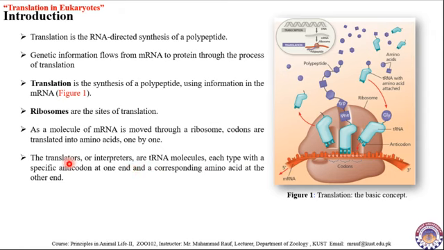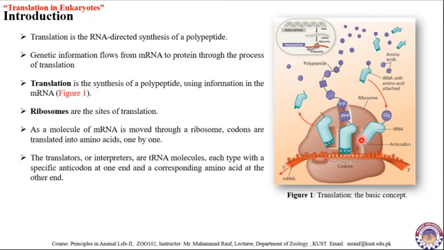The translators or interpreters are transfer RNA molecules, each type with a specific anticodon at one end and a corresponding amino acid at the other end. So this is a transfer RNA. It has a clover shaped structure. On the one side is attached a triplet which is called the anticodon.